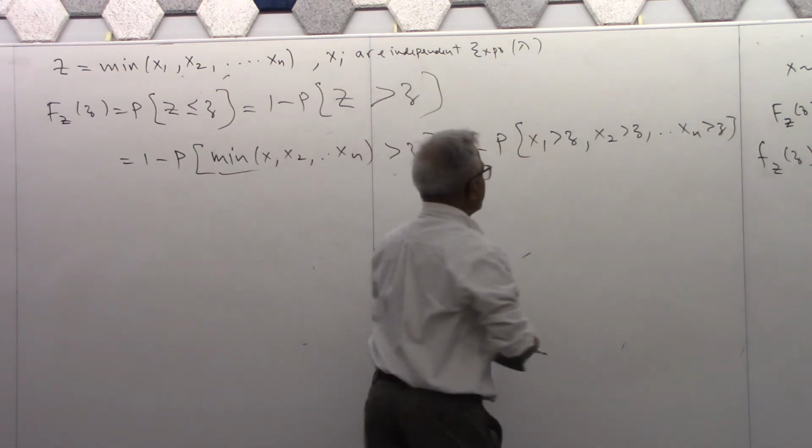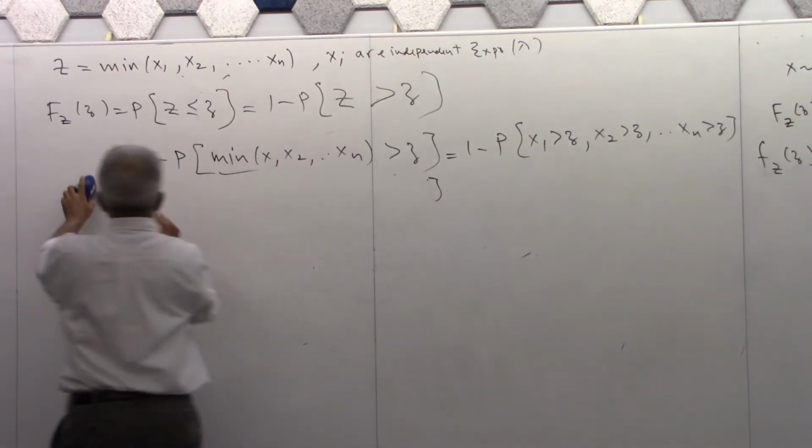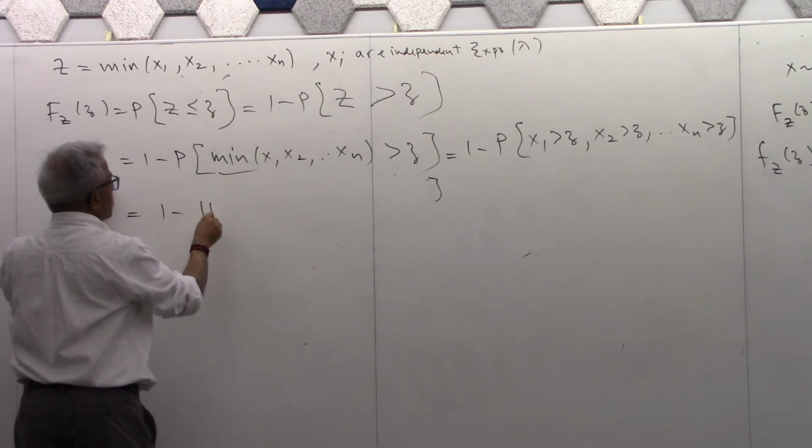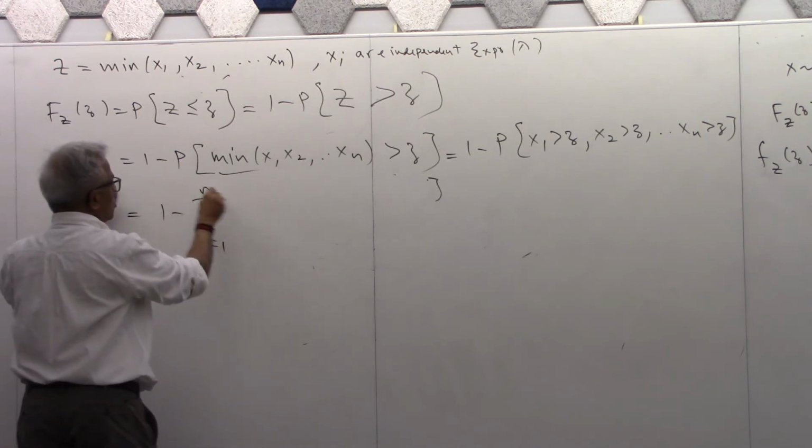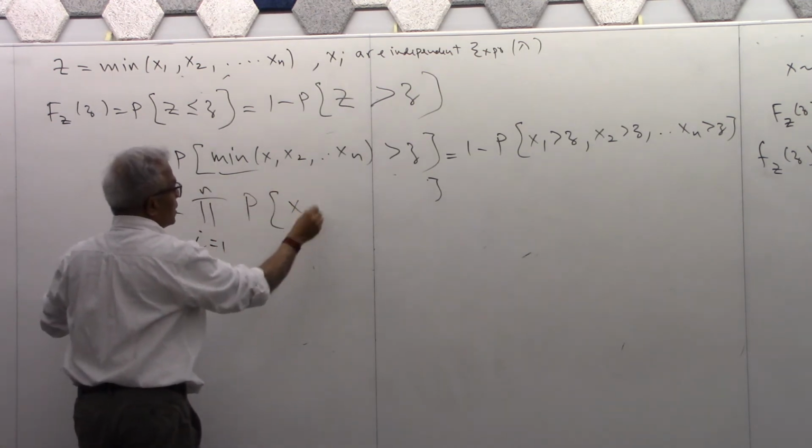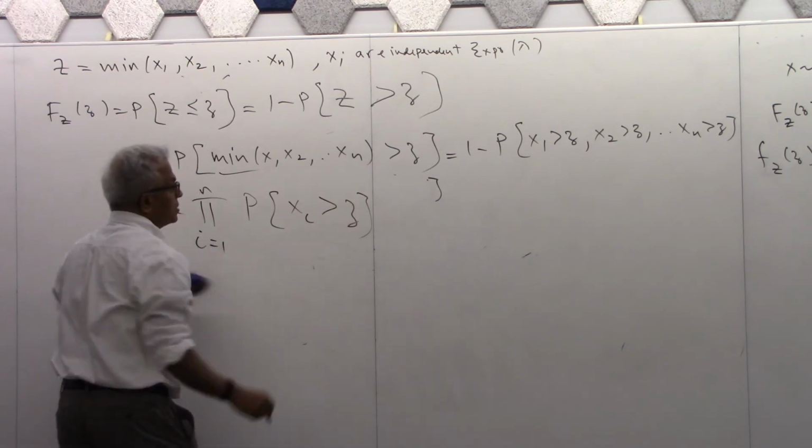If they are all independent, that becomes 1 minus the product for i equal to 1 through n of the probability that Xi is greater than z. Right?